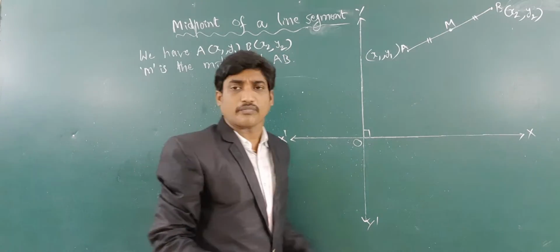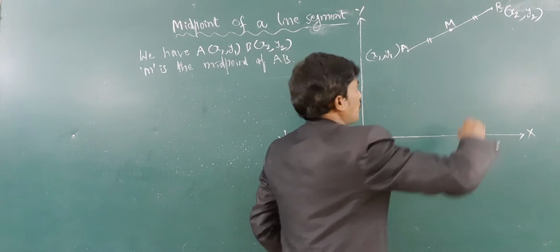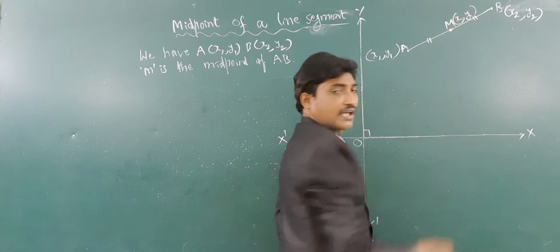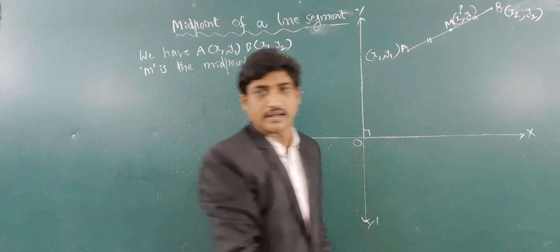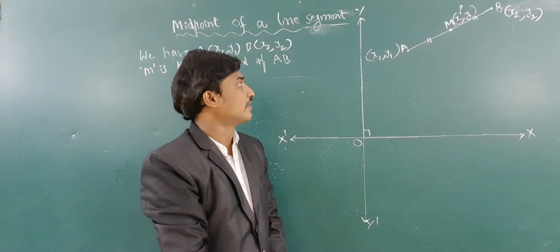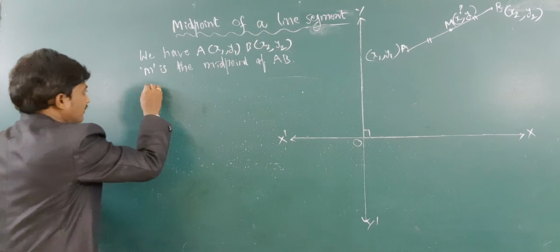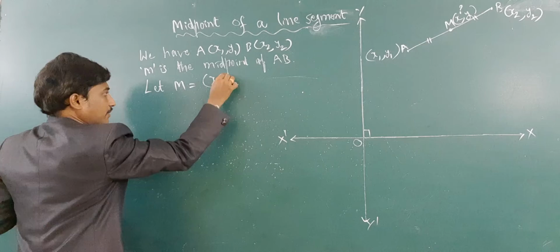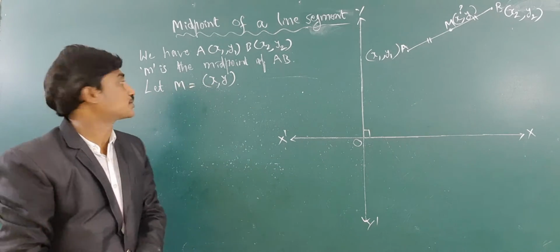Next, let us take the coordinates of M. As we don't know, let me take the coordinates of M as x and y. Now we need to find the x value and y value. M is equal to the midpoint, the ordered pair (x, y).